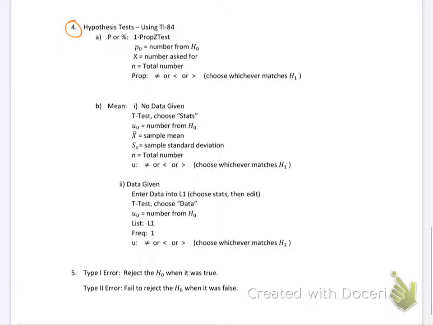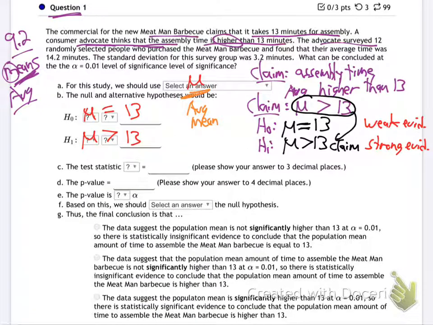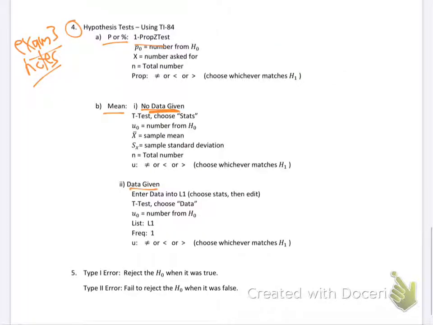Looking at number 4, it says if you have a P, you do the 1 prop Z. If you have a mean, then you have to decide if there's no data or if there's data. So in this situation, we have no data. See what I mean? There's not a list of numbers. We'll see one in a minute with data, where they just have like 17, 23, 49, just a list of numbers, a data list. We don't have that here. So ours is a no data given situation.